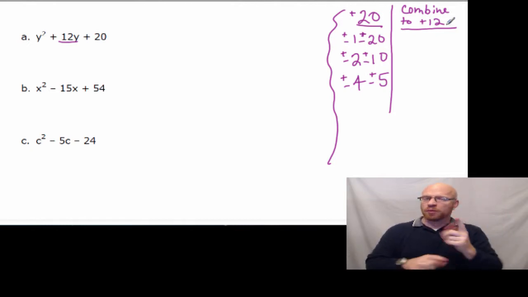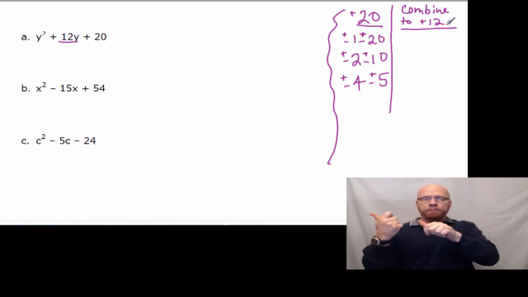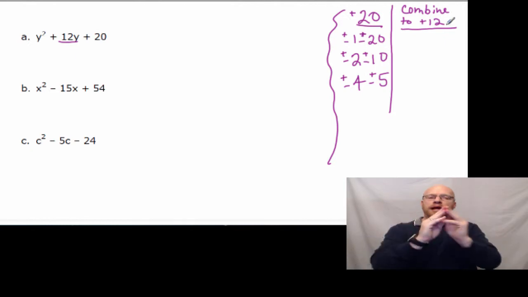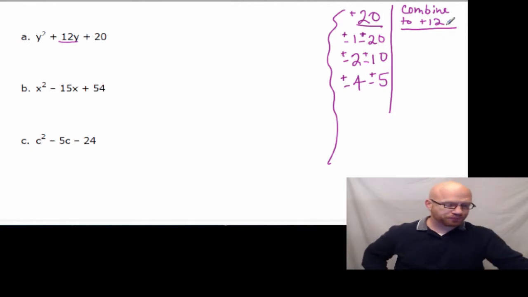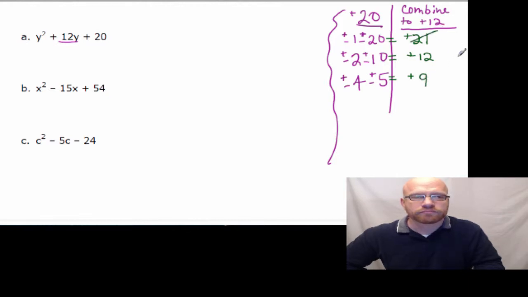If you find an example that works that way, let me know. Currently, I haven't found any where we have a negative plus a negative equal positive. So now we have our positive pairs that are left. Those are our three possibilities.